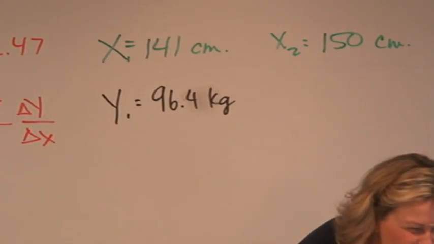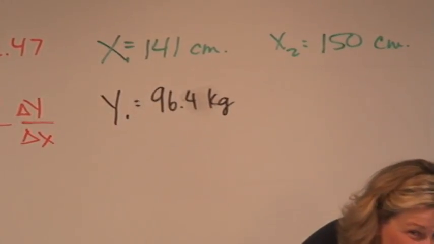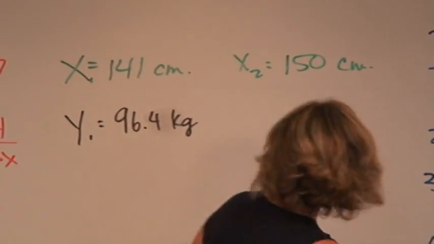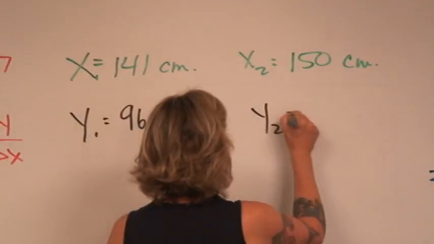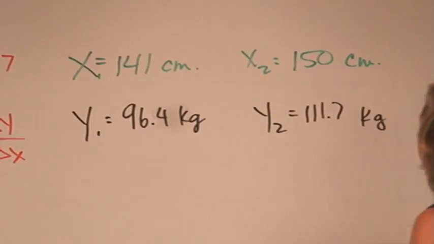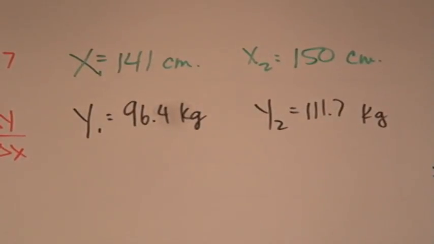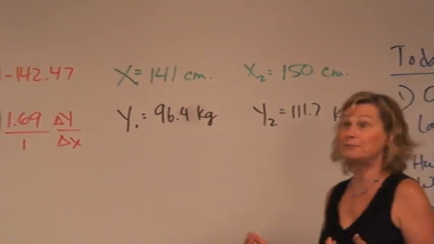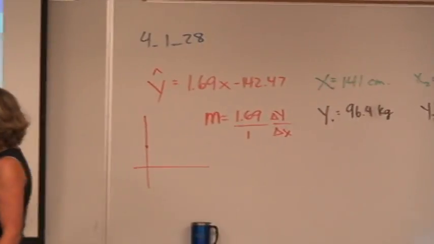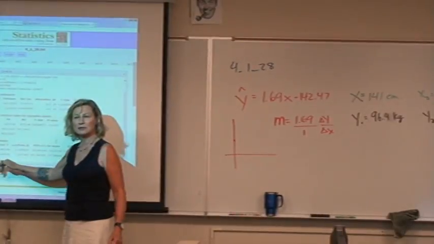And if a bear is 150 centimeters in length, 111.7 kilograms. Okay, you can type in one value there, you can type in four. Just separate them by commas. You guys with me? Everybody get that okay?